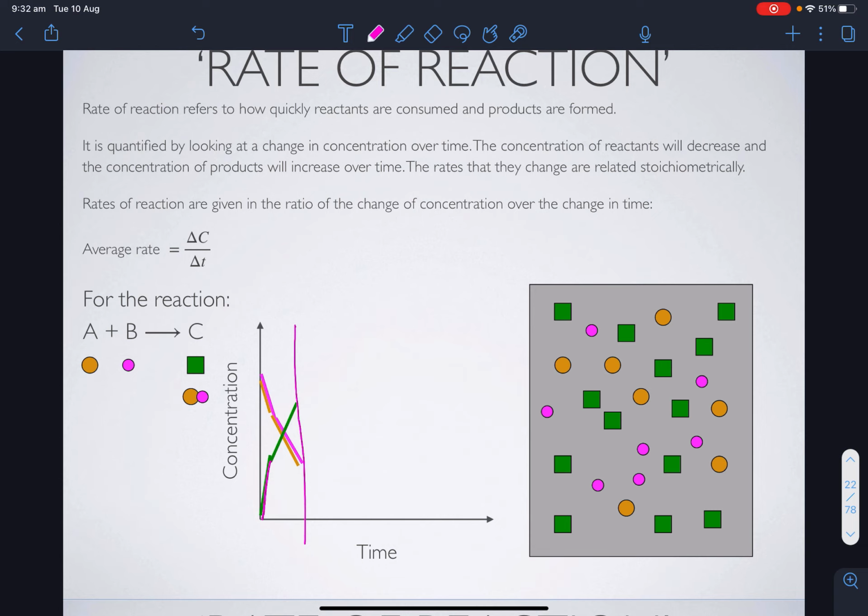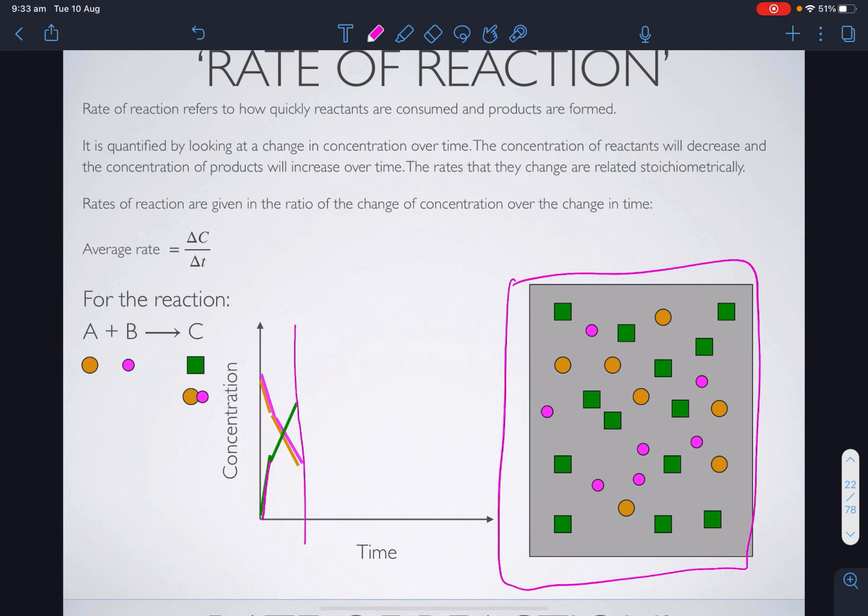So it's been roughly the same amount of time again in the second step, but we've slowed down the reaction, and the reaction has slowed down because if you look at the model here, you've got more greens blocking the way from orange meeting pink. We've got more products getting in the way of the reactants from forming, okay? So the reactant concentration is going down and the products are slightly in the way of it. So the reaction slows down because there's less likely successful collisions because of those conditions.